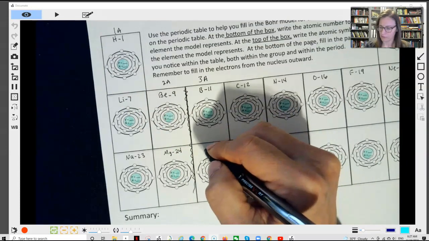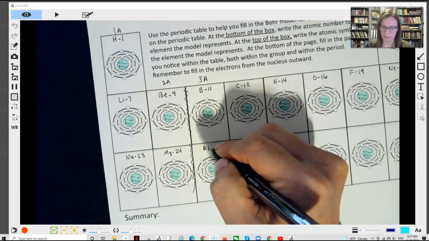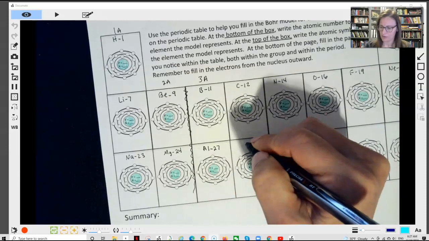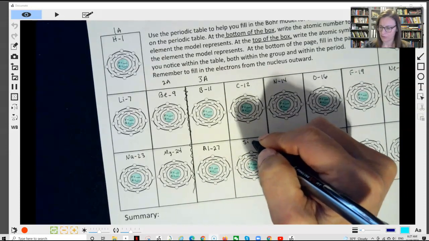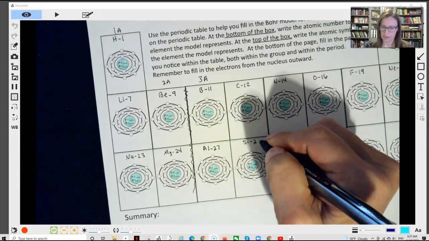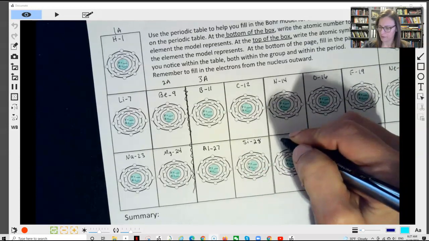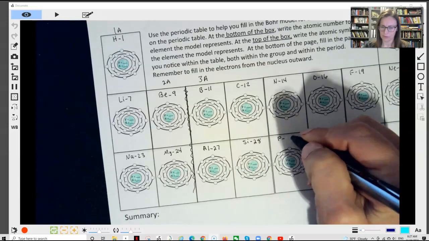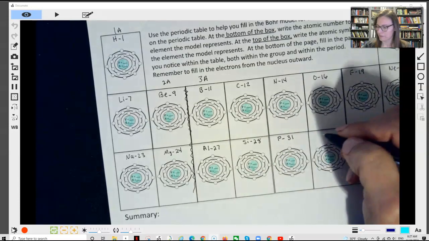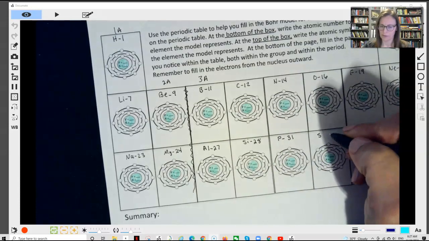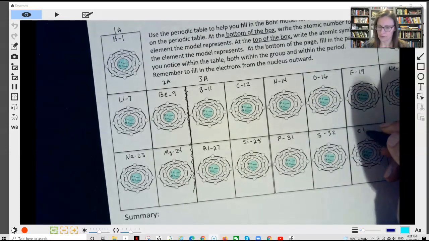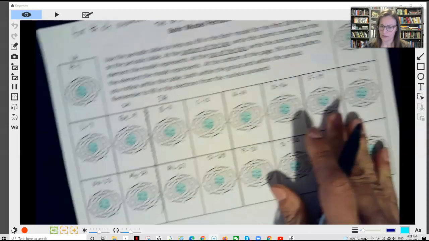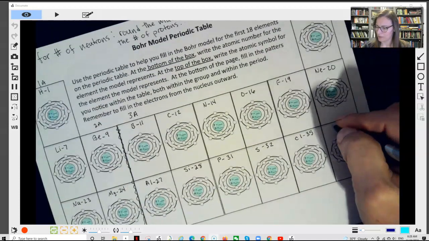All right, so this is aluminum 27, silicon 28, and then this is the one we did together just now, phosphorus 31, sulfur 32, chlorine 35, and argon 40.